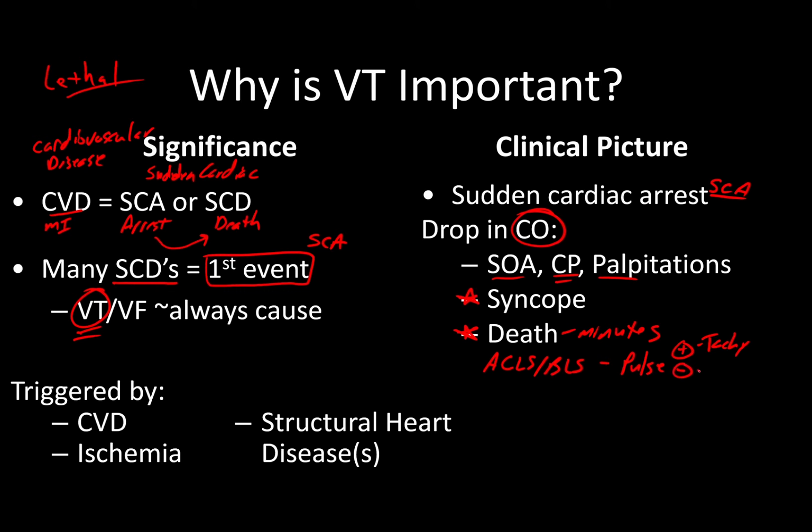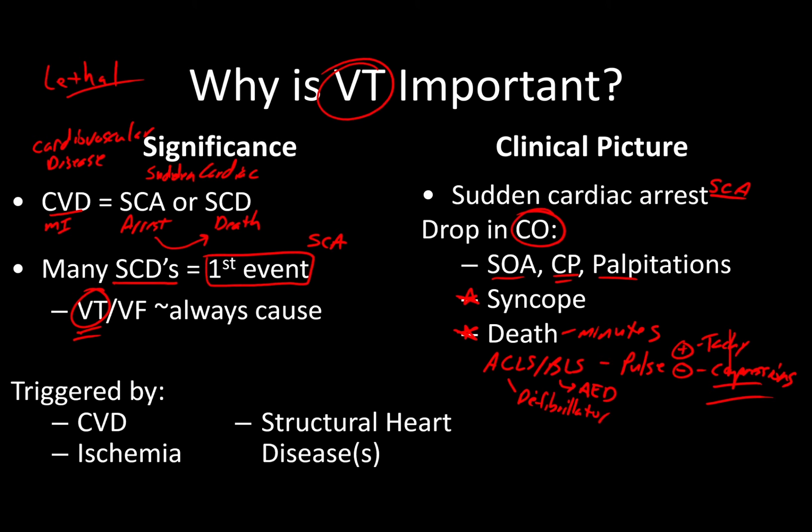If it's negative, you're just going to start compressions. And at that point, you're going to get either your AED or your defibrillator, and go about your business that way. But compressions is king. That's what's going to really make a difference if someone presents with VTAC.